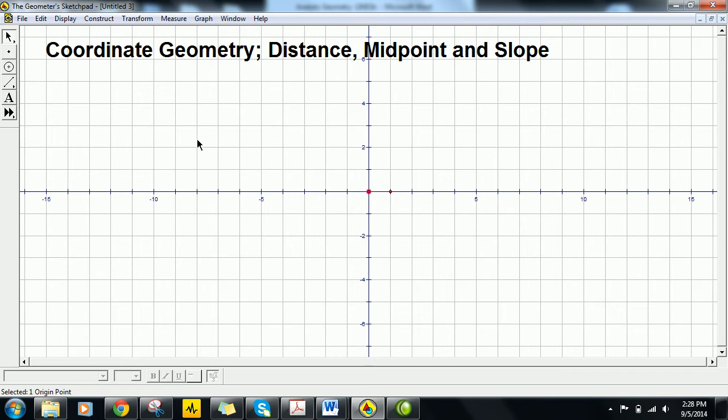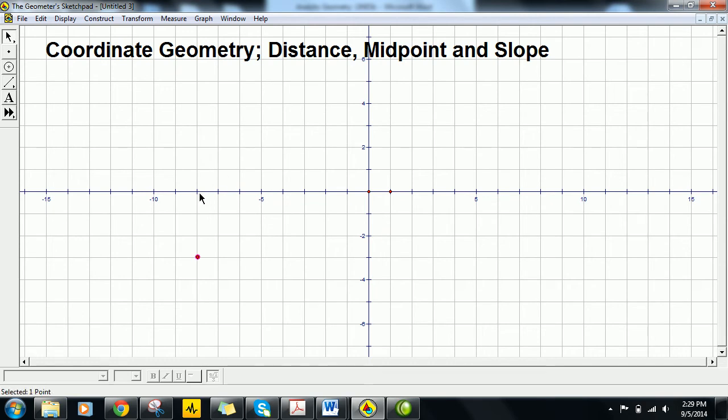So regardless, let's go over some basic formulas, and then we'll see if we can use them and build from them. So what we're going to do is name two general points. And so I'll put a point there. If we do want to get specific, to get the value of that point, I move to the left, 1, 2, 3, 4, 5, 6, 7, 8.